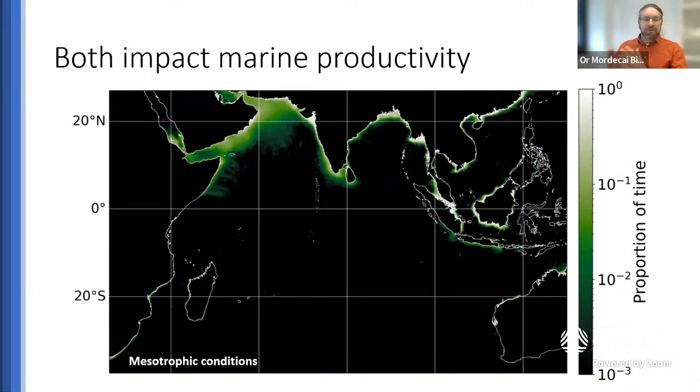This is a map showing the distribution of mesotrophic conditions in the Indian Ocean, and you can see quite clearly these very bright spots in the northern Indian Ocean. On one side in the Bay of Bengal, where runoff brings a lot of nutrients and supports a very high productivity level, and on the other side in the Arabian Sea, where we have upwelling.